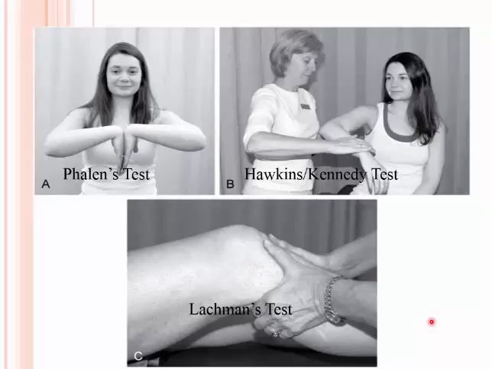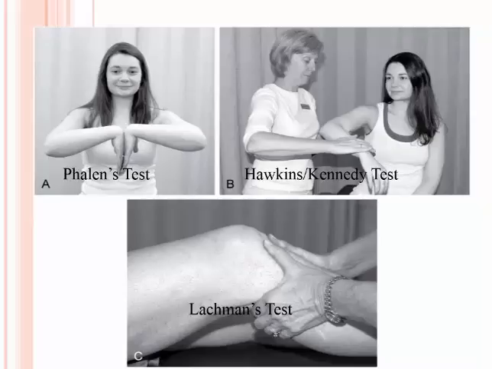In this test, the physical therapist is pulling the lower leg forward. If it moves excessively forward, it is indicative of an anterior cruciate ligament injury. So as you can see, there are various special tests to rule in or rule out specific pathologies.